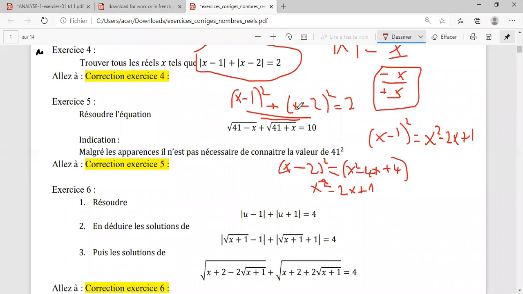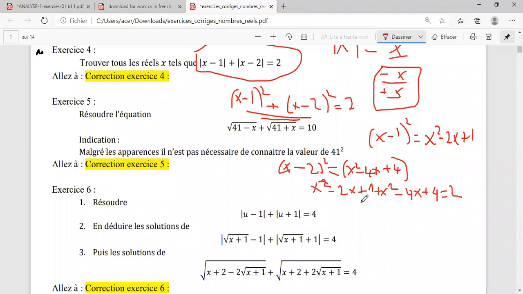It's going to be positive. We're going to have plus x squared minus 4x plus 4, which is equal to 2.